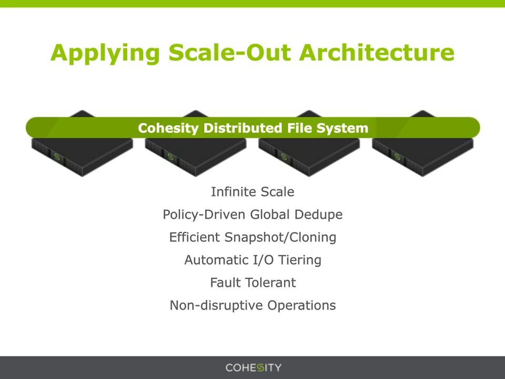We do automatic I/O tiering as the I/O feeds into the box. Based on the nature of the workload, we're either going to send it to flash or to disk. It is truly fault tolerant. The beauty of fantastic software and using commodity hardware is that we expect failures, and the system is built for that. True non-disruptive operations come into this as well when it comes to upgrading, building out your cluster, adding additional nodes, replacing nodes, etc.